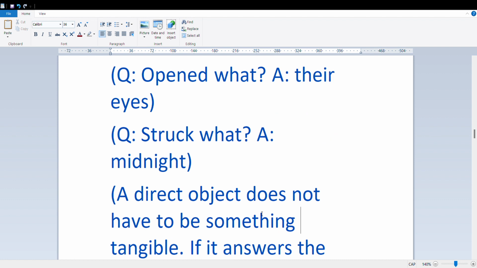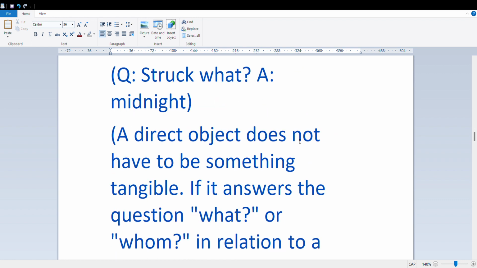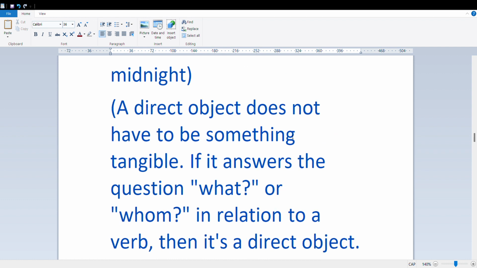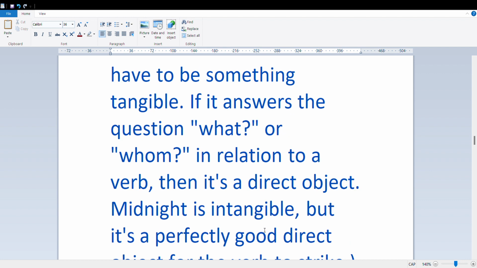So remember, whatever question we have to ask, whether it is what or whom, make sure that you use the correct WH question. Okay. So see, a direct object does not have to be something tangible. If it answers the question what or whom in relation to the verb, then it is a direct object.